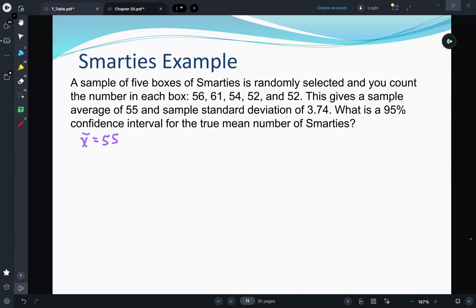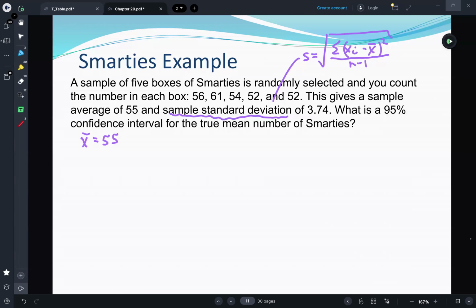The sample standard deviation. So if I was to calculate this here, this is the sample standard deviation. If you want, you can calculate it. You take the sum of each xi and subtract the mean, which is 55, and divide by n minus 1, which is going to be, what's n minus 1 in this case? 4, right? 4, good.